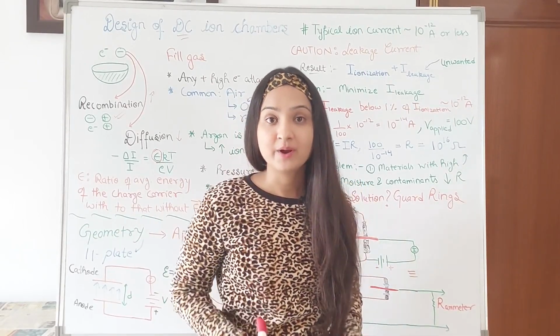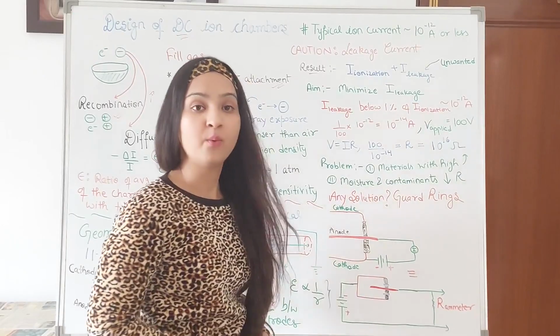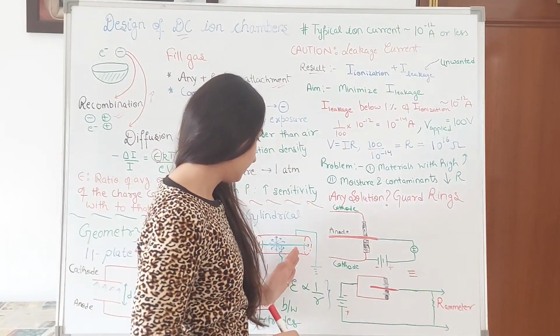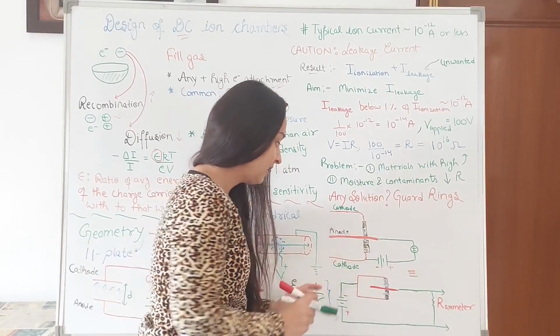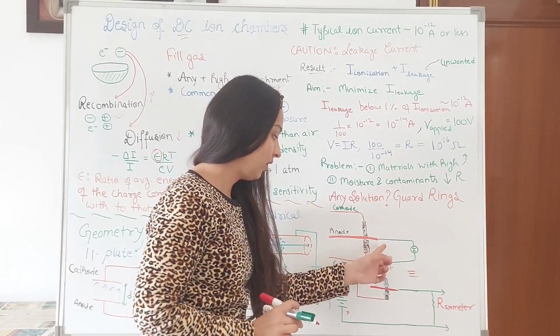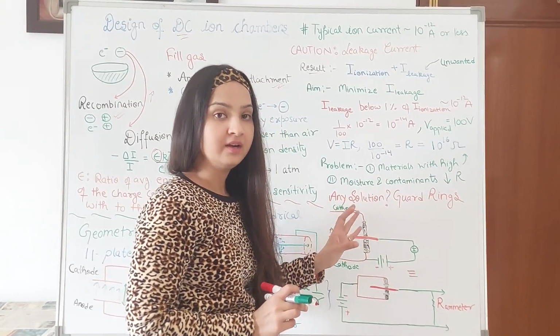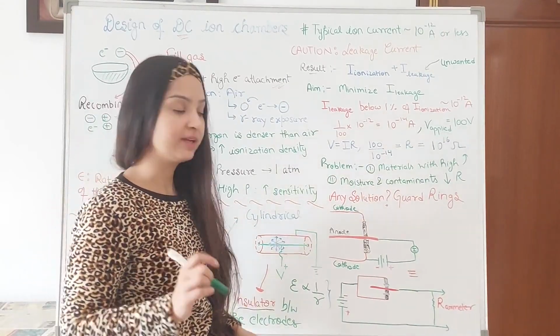Talking about the geometry of the ionization chamber, if I talk about one side of this ionization chamber, you know that this is the cathode cylinder, and this is the anode, the axial wire. I told you that you need an insulator between the electrodes.